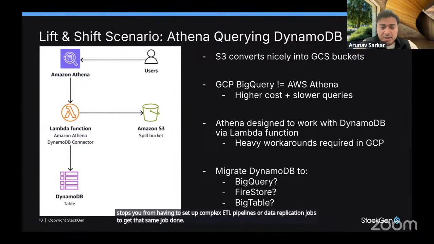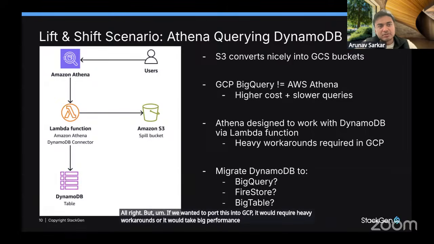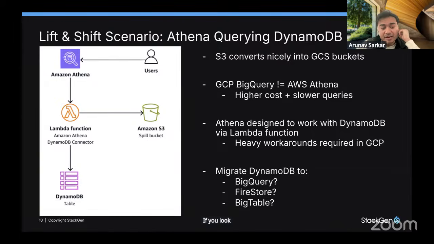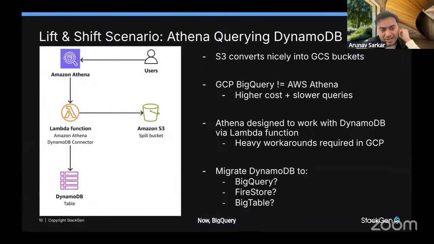But if we wanted to port this into GCP, it would require heavy workarounds, or it would take big performance and cost impacts. So for example, if you look at the closest equivalent to Athena inside GCP, most people would probably say BigQuery. Now, BigQuery is not exactly the same though.